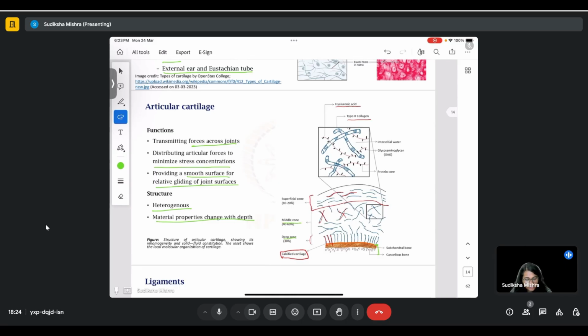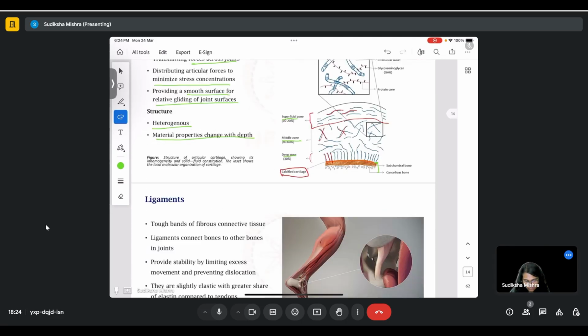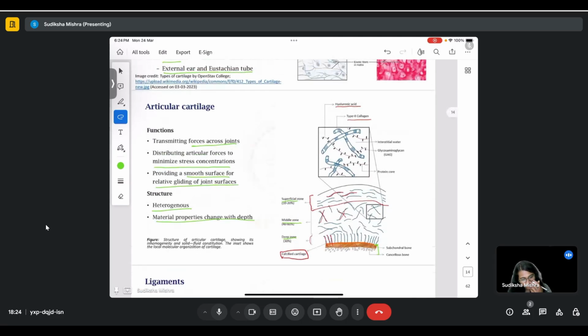There is a middle zone which forms the majority portion, which is packed but not as packed as the calcified cartilage, and there is a superficial zone which is very loosely packed, and therefore depending on where you are, the material properties will change. And there can be different components. There can be hyaluronic acid, there can be type 2 collagen, it can be proteins containing glucosaminoglycans, and there will of course be water.